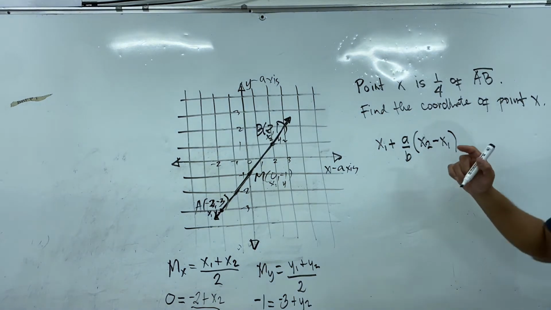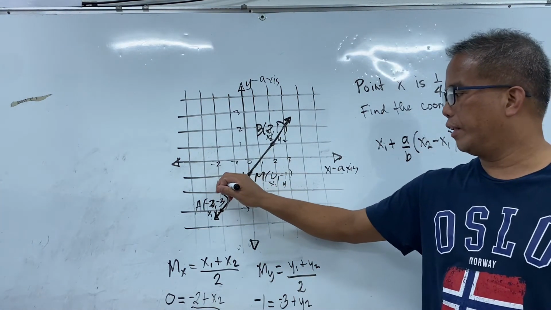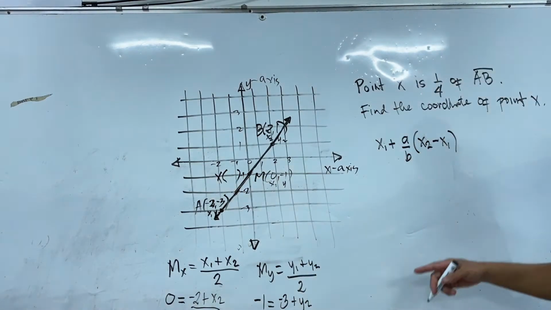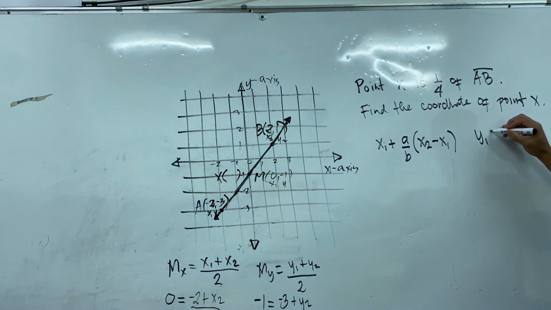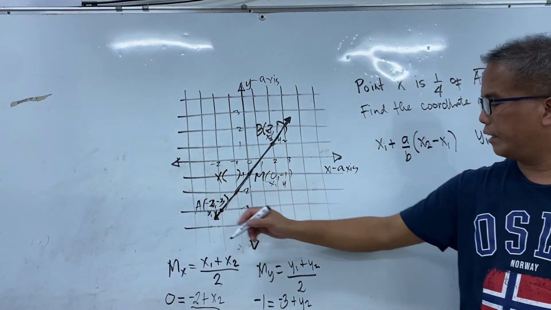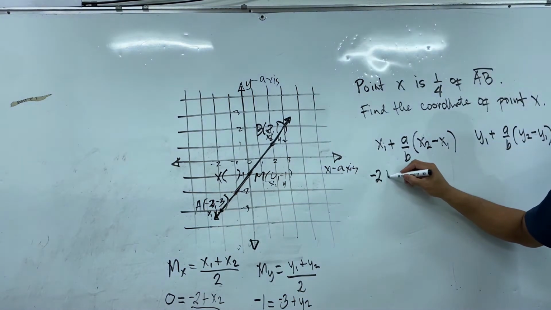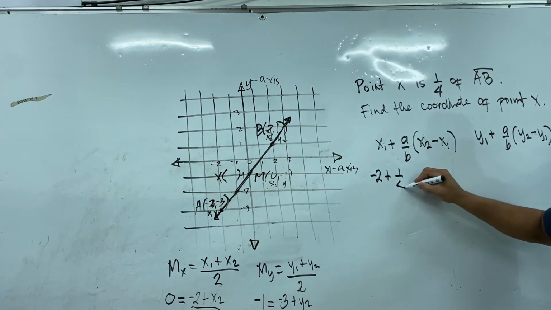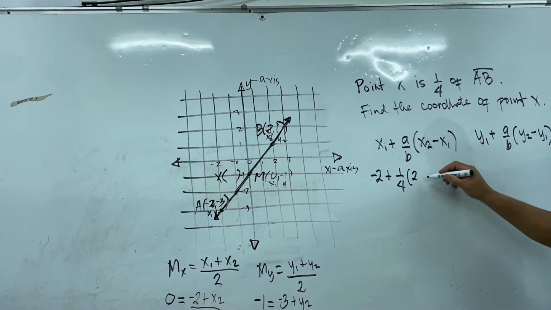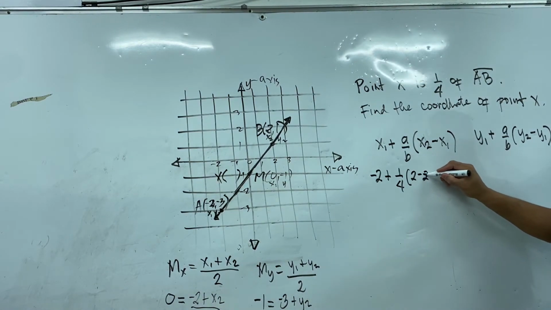Then to find the coordinate of Y, we're looking for the coordinate of X, the X and Y. So you're going to use this formula: Y sub 1 plus A over B times Y sub 2 minus Y sub 1. Okay, so let's substitute. X sub 1 is negative 2 plus A is 1, so 1/4 times X sub 2 is 2, then minus negative 2.